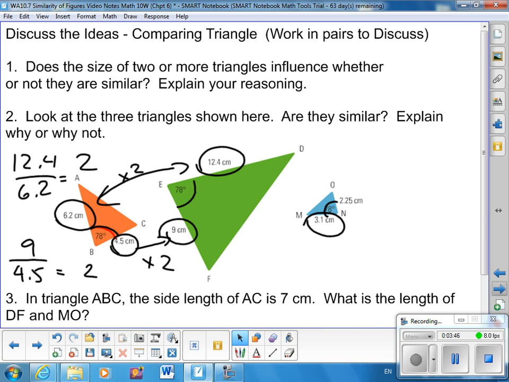Let's take a look at the second triangle. So we have 3.1 and 9. No, sorry, 3.1 corresponds to 12.4.